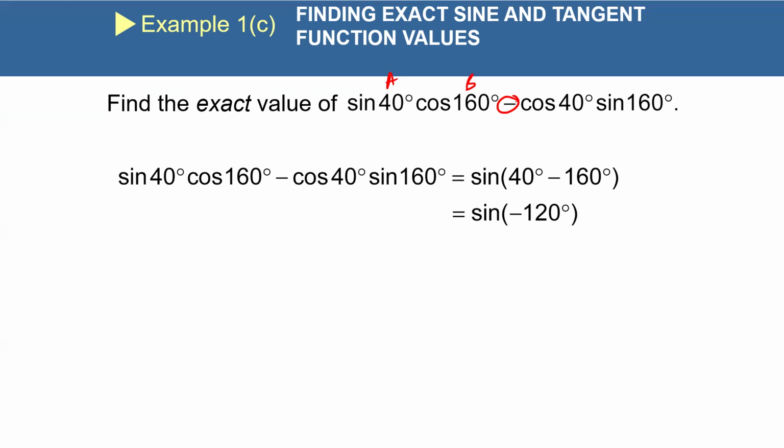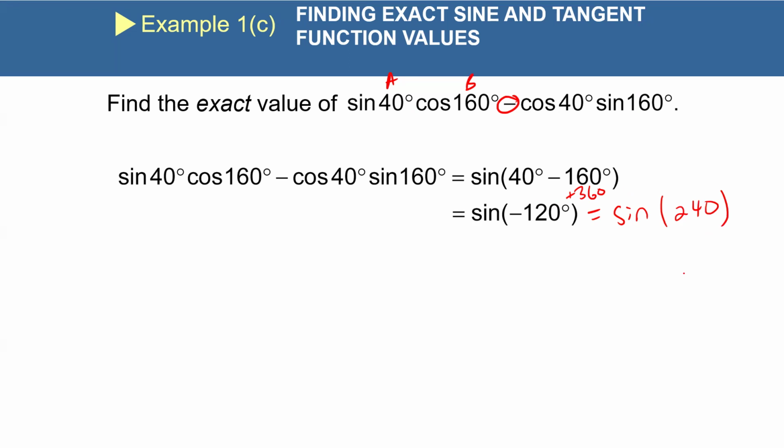Well, mathematically, you're adding 360, right? So to find my coterminal, it would equal sine of negative 120 plus 360, right? And that would put me at what? 240, right?